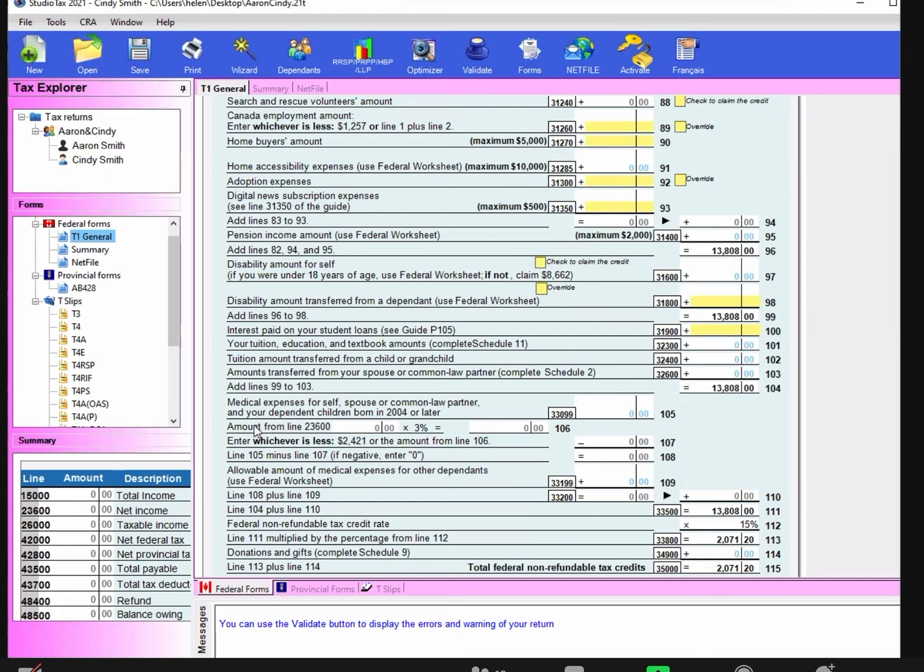Okay, please. Line 105, medical expenses for self, spouse, or common law partner, and your dependent children born in 2004 or later. Born in 2004 means under 18 years. Under 18 years is dependent.